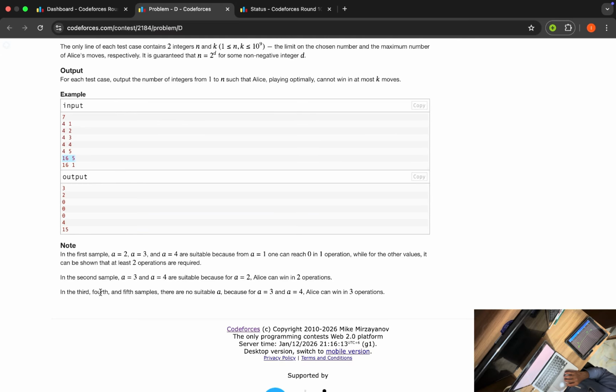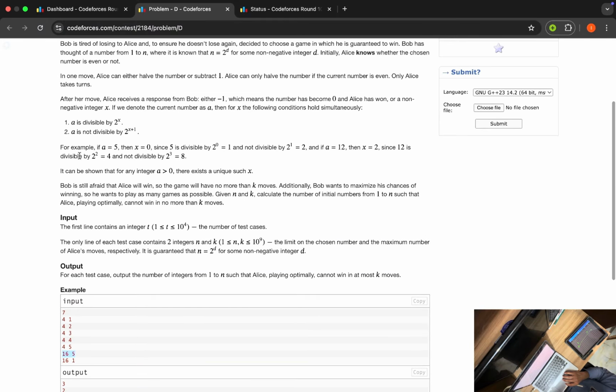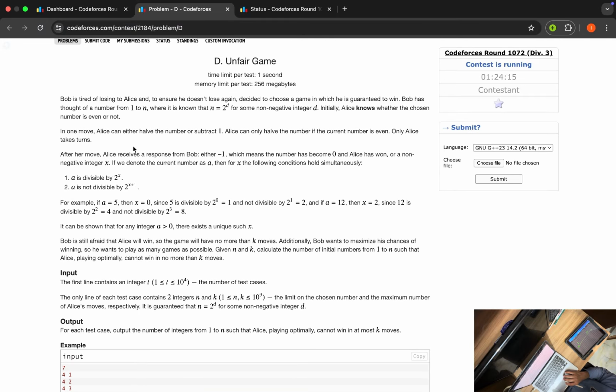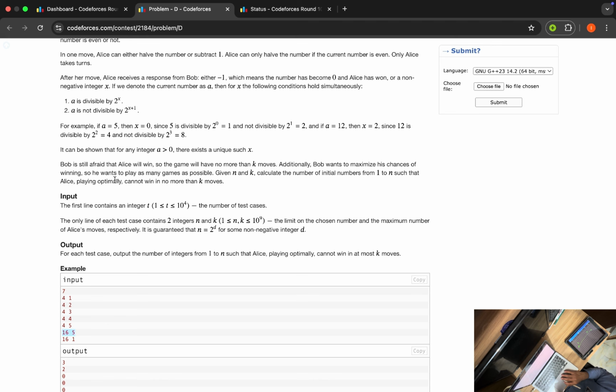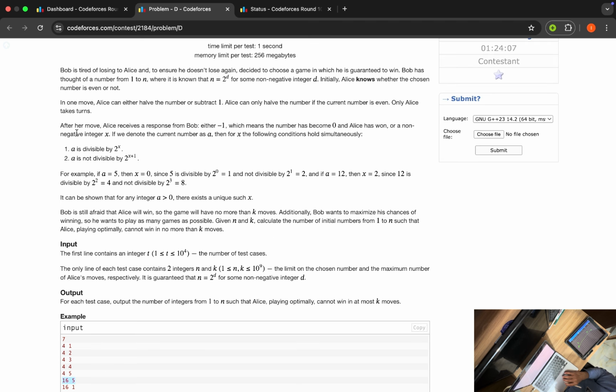16 is, what's the operation? A is divisible by 2 to the power x. In one move, Alice can either halve the number or subtract 1.